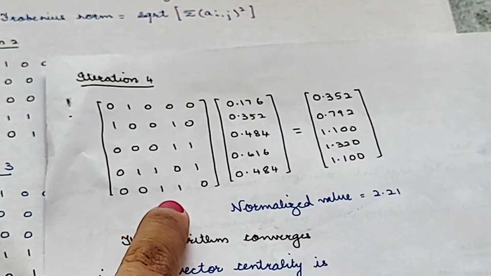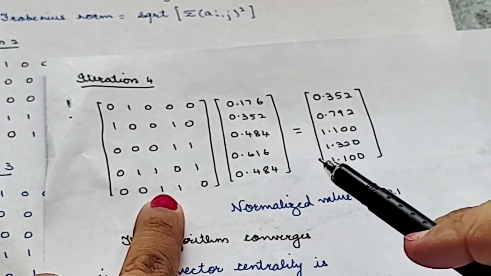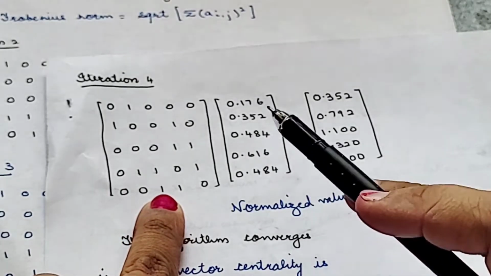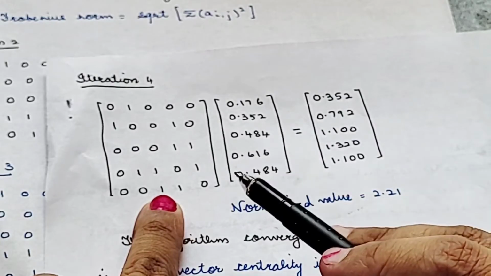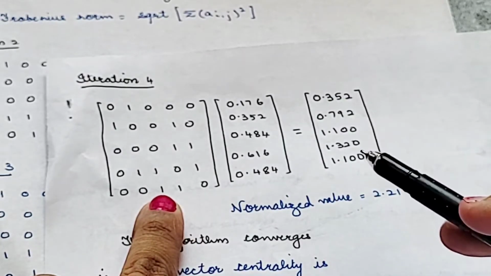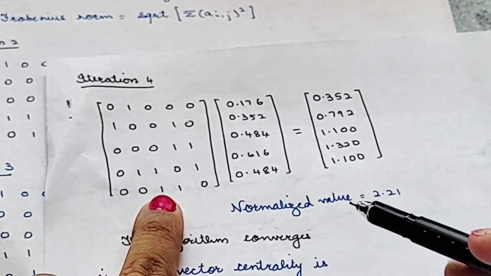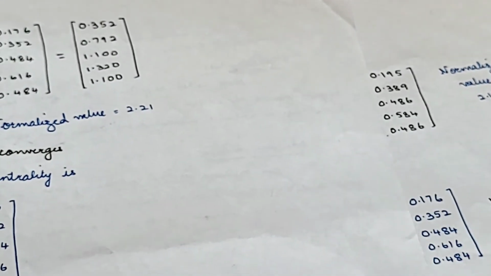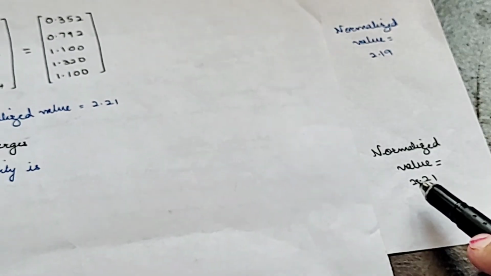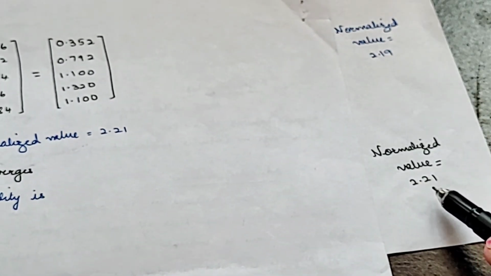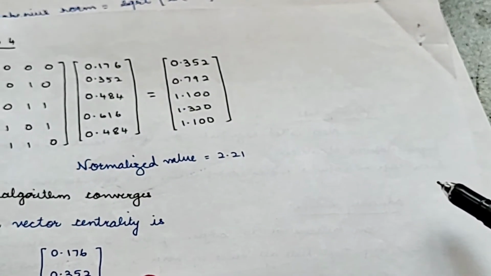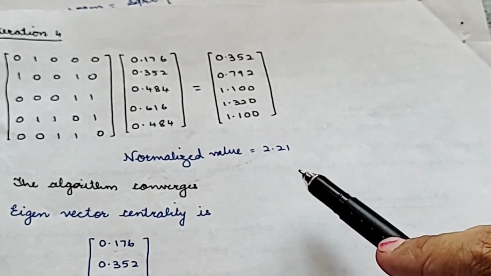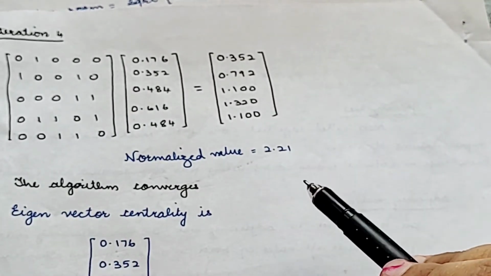For iteration 4, this is our adjacency matrix. These are the values obtained in the third iteration. Once you perform matrix multiplication, this is our new matrix. We get the normalized value as 2.21. Now yes, in iteration 3 we received the normalized value as 2.21 and in iteration 4 the normalized value is also 2.21. So the algorithm converges over here.